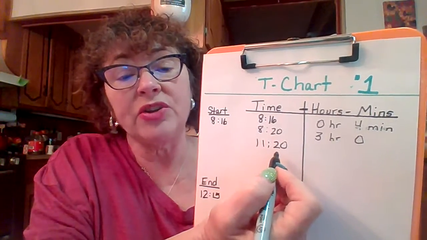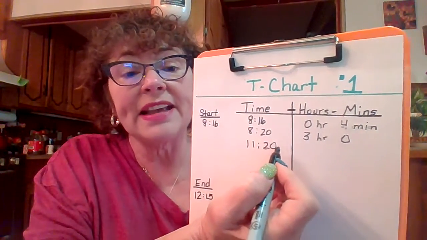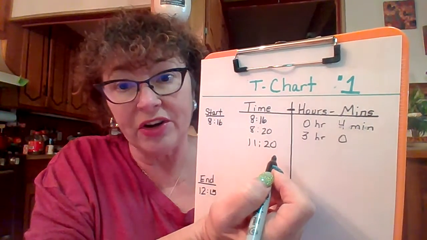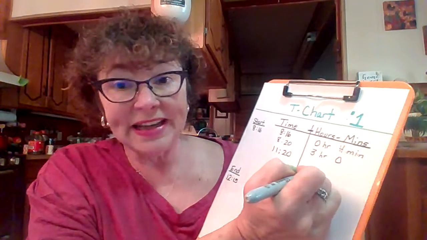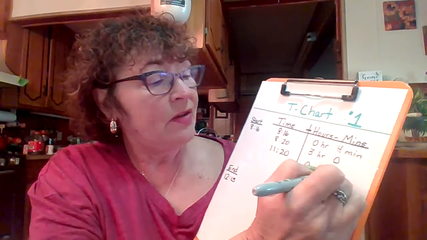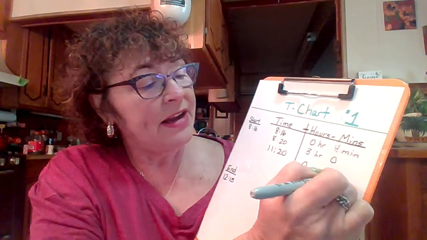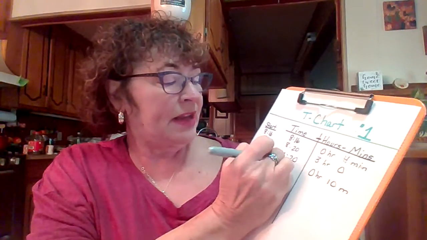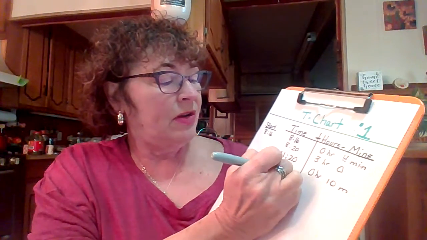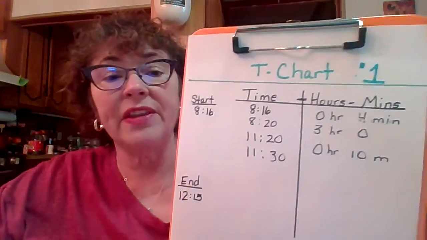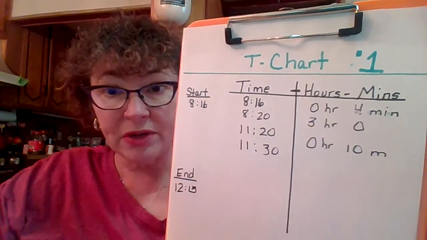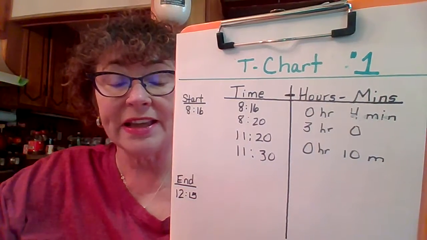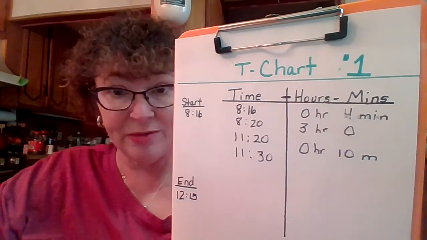So from 11:20 to the next easy to count time is 11:30. So that's 10 minutes. So I'm going to add 10 minutes to get to 11:30.